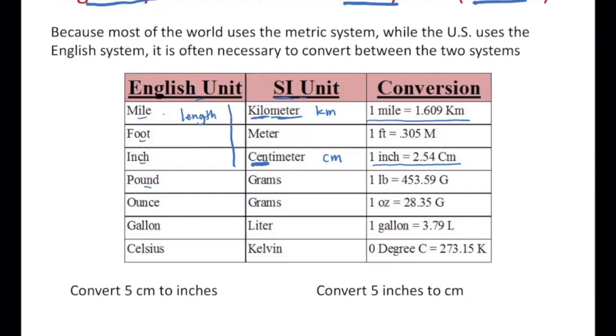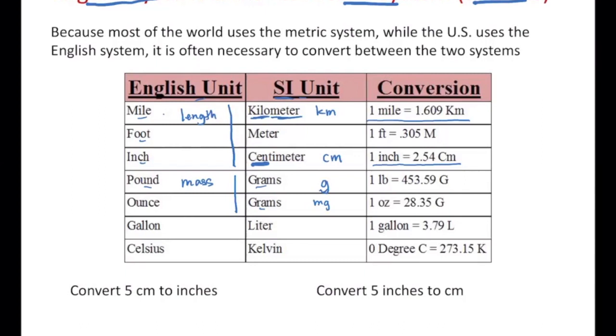There's also units for measuring mass. English units are pounds and ounces, a couple of examples, and grams for measuring mass in the metric or SI system. This can also be associated with metric prefixes. For example, in lab, we often weigh small amounts, or milligram amounts.